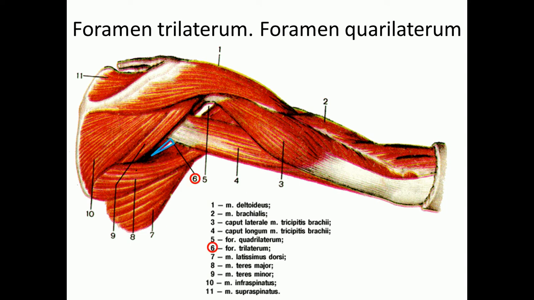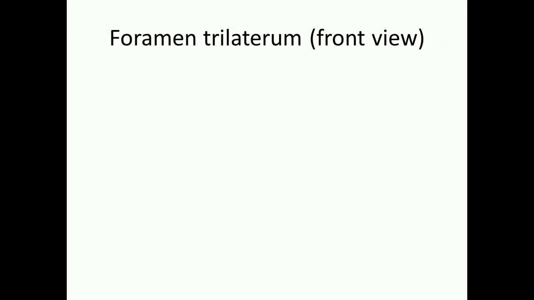I'd like to remind you of these spaces, which connect the posterior surface of the arm and the superior girdle of the extremitas superior, and the anterior surface of the arm and the cingulum membri superioris. So here they are, foramen quadrilaterum and foramen trilaterum.